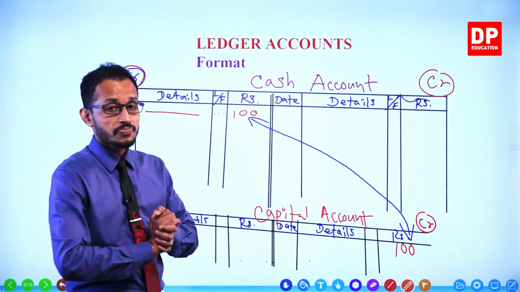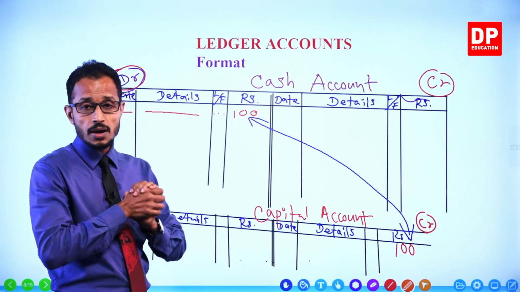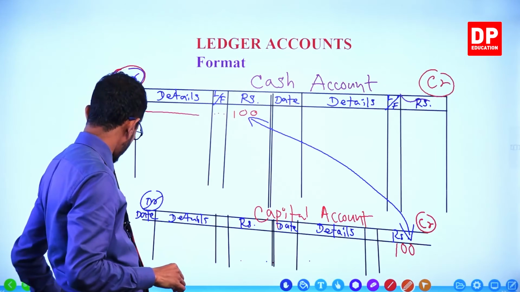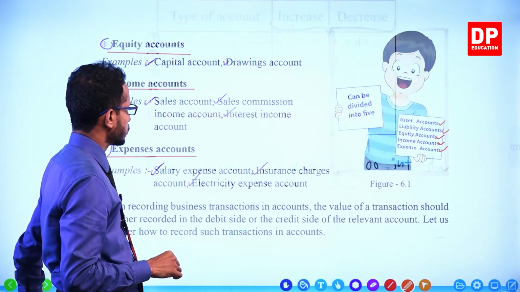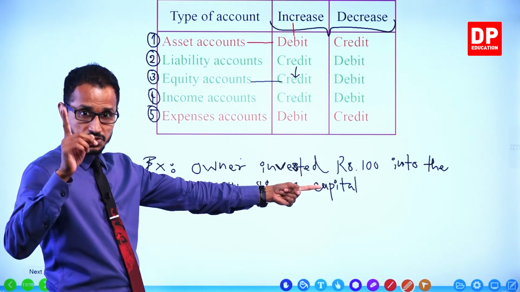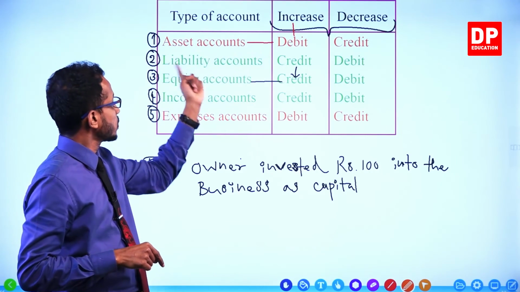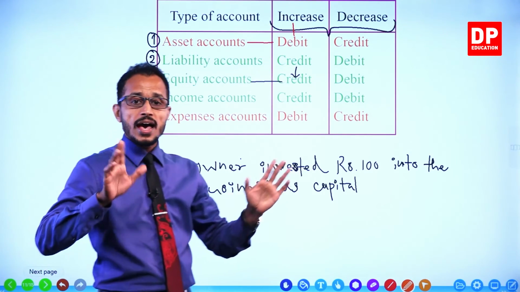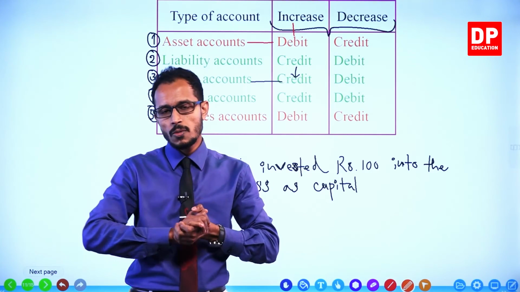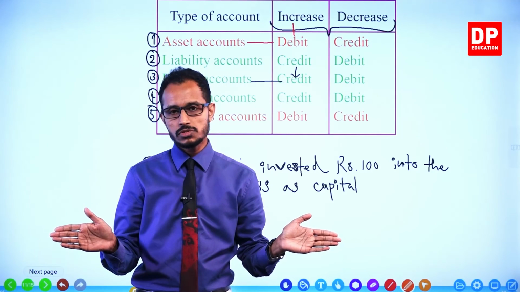Children, now we have learned the double entry principle, and we recorded one example transaction according to the double entry principle. We observed how the debit is recorded and the credit is recorded in two separate accounts.